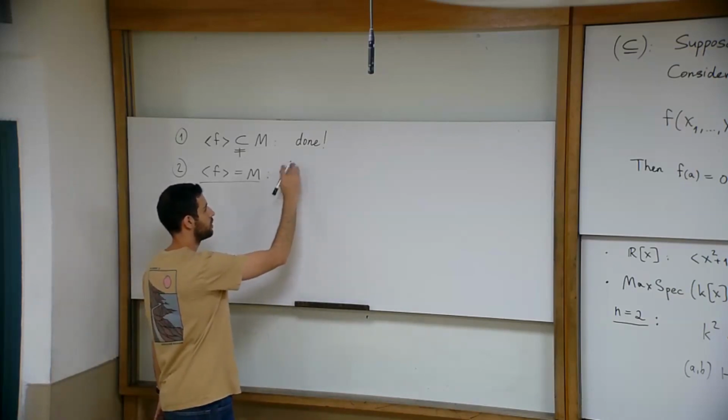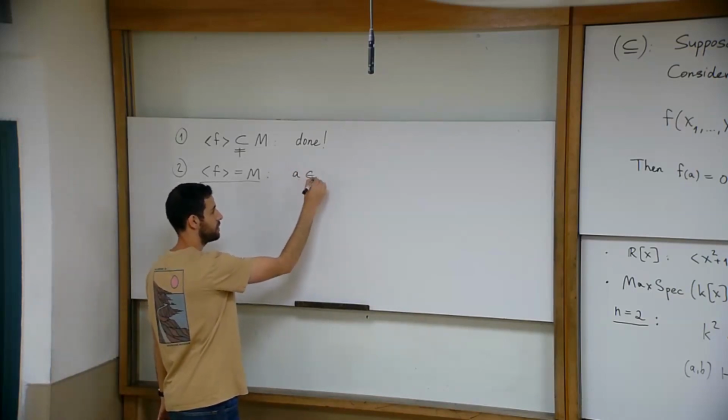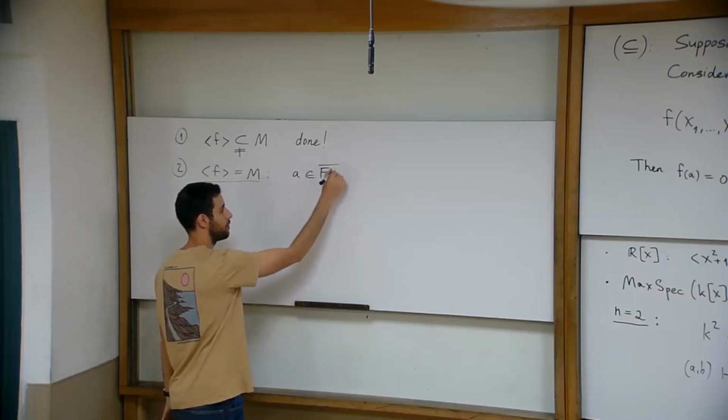We call it a, the first coordinate of the point, belongs to F bar.